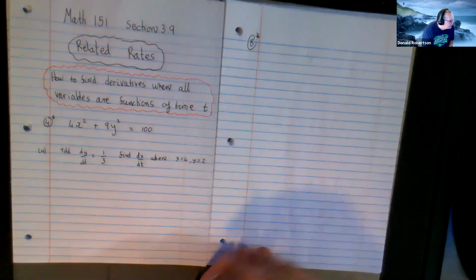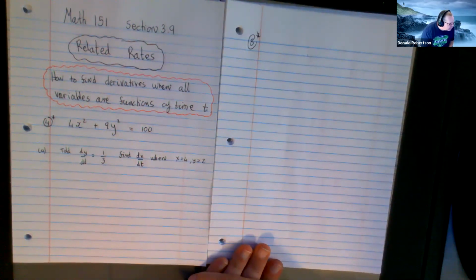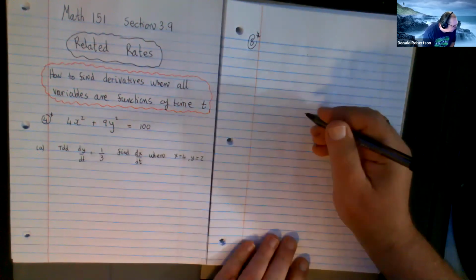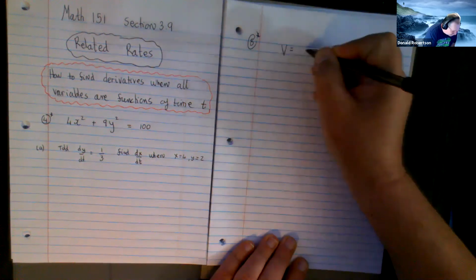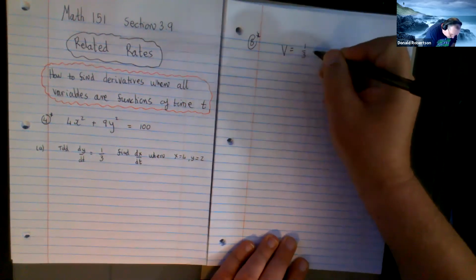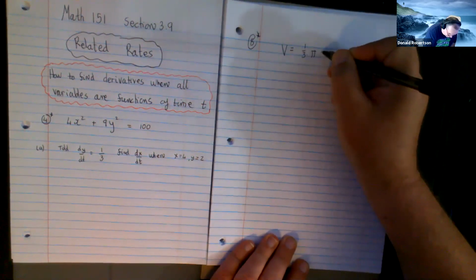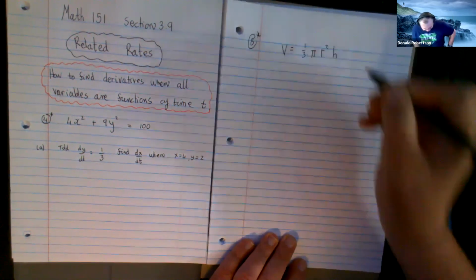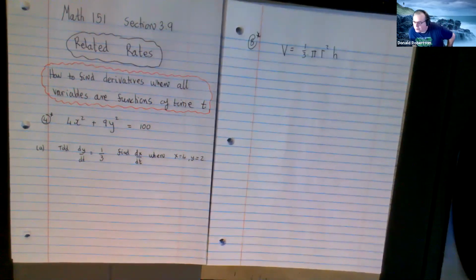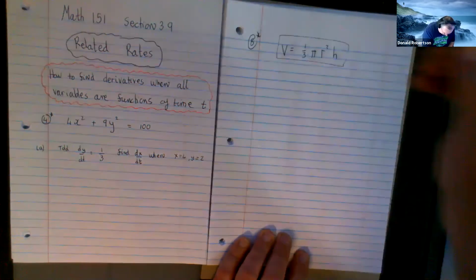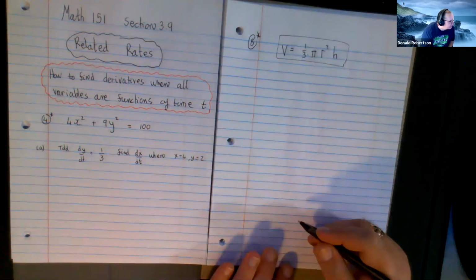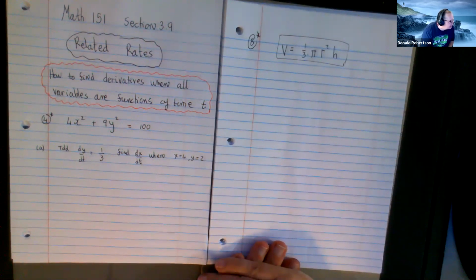In this one, V is the volume of a cone. Since you might not know this, the formula for the volume of a cone is 1/3 pi r squared h. Well, that's kind of helpful because we actually have the formula that we need. What else do we know?